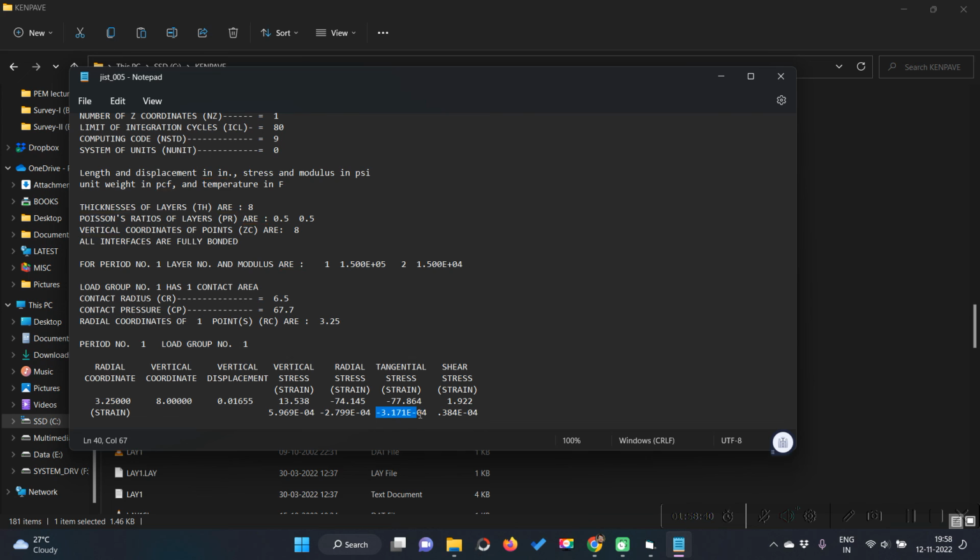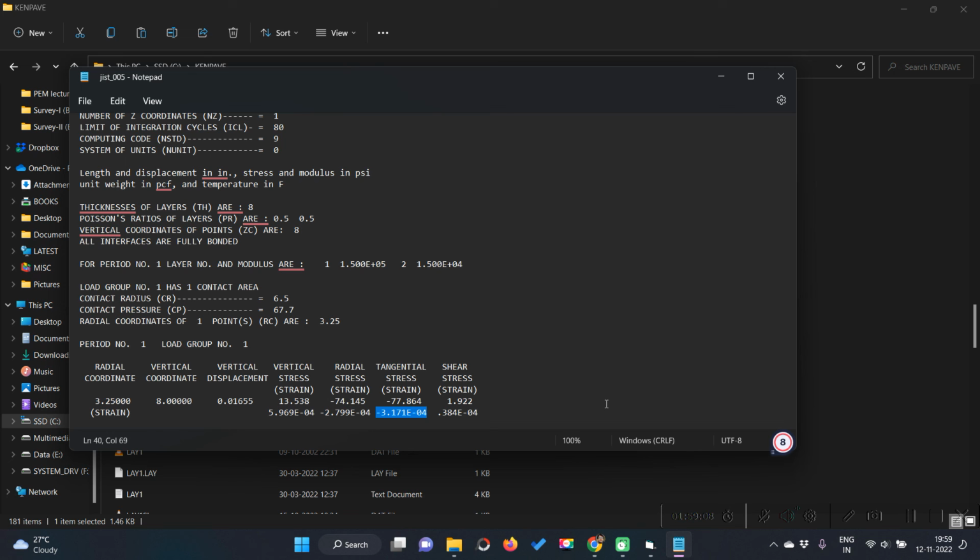So tangential stress, how much is it showing? 3.17. We got 3.25. So more or less similar. So this is not giving very absurd values, right? So in case you don't have software, you can adopt this.